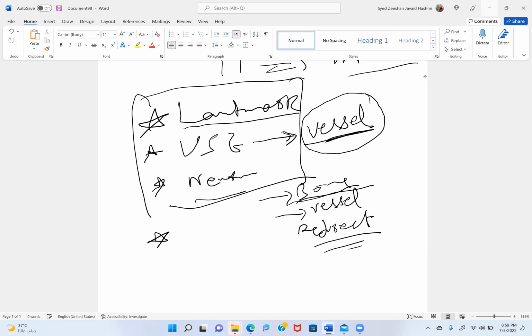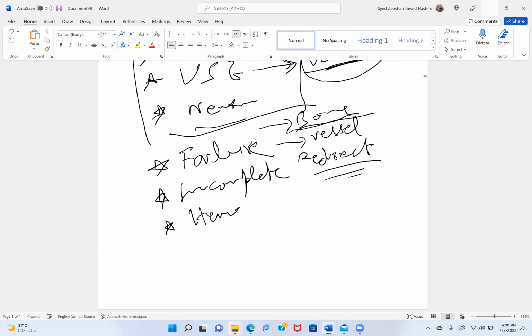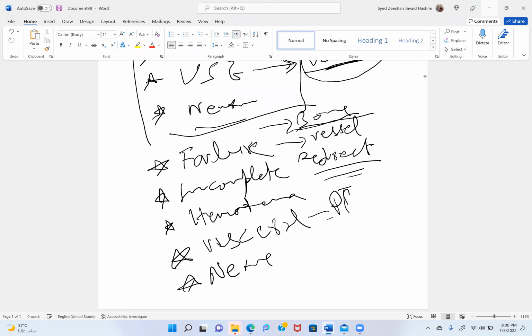For any nerve block, if they ask what the complications are: failure is a complication, incomplete block is a complication, hematoma is a complication, and visceral injury. In upper limb blocks, the visceral injury is pneumothorax. Then there are unwanted nerves being blocked, for example, giving an upper limb block and blocking the phrenic nerve.